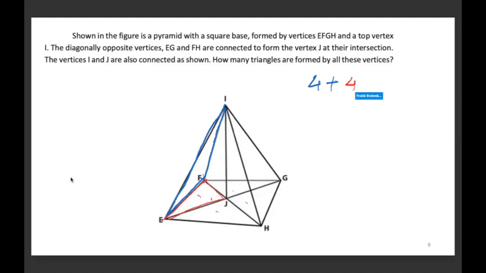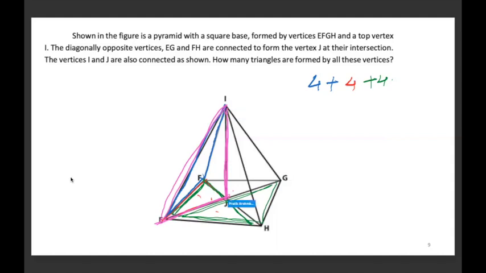more. Besides these 4 triangles, we'll also get these triangles, which are formed by 2 of these combinations, and those will also be 4. So plus 4. Further, this vertical edge, when you connect that vertical edge with one vertex on all the 4 sides, you'll get one triangle here.